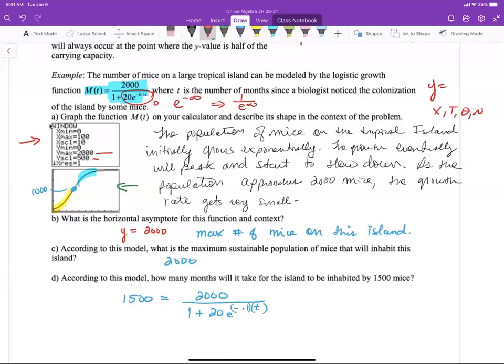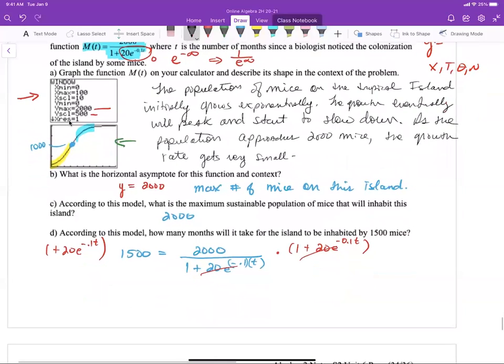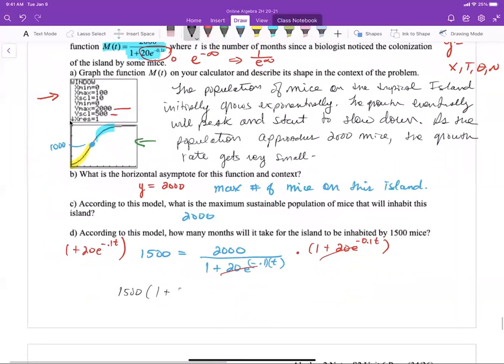I'm going to multiply both sides by the common denominator. So I'm going to multiply both sides by 1 plus 20 times e to the negative 0.1 times t. I'm going to multiply the left side by that, and I'm going to multiply the right-hand side by that. And this will cancel on the right-hand side, and that will leave me on the left with 1,500 times 1 plus 20 times e to the negative 0.1 times t, which will equal 2,000.